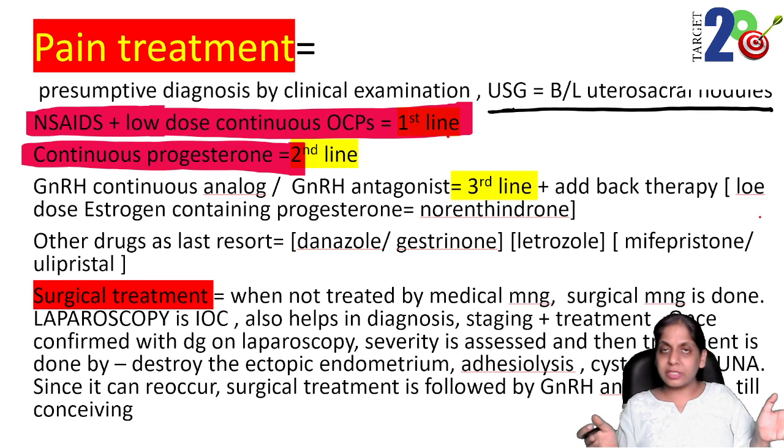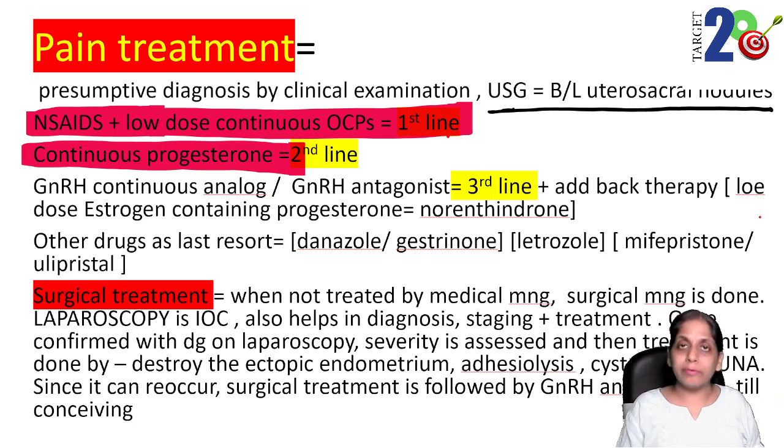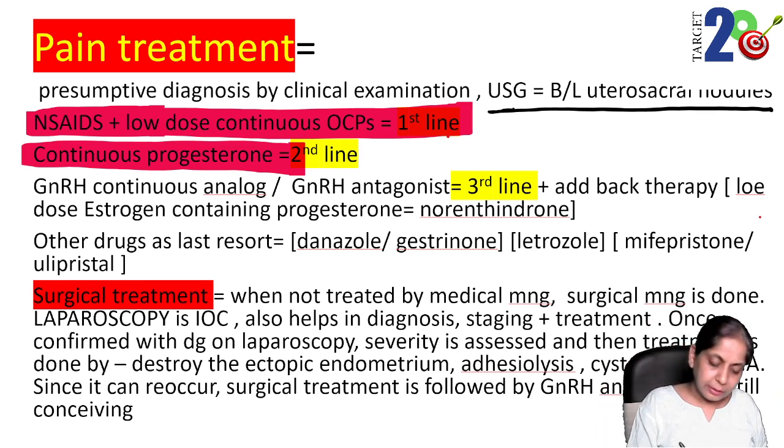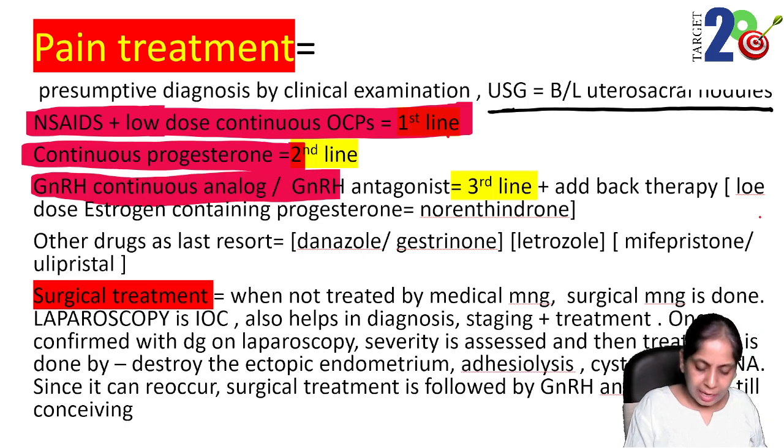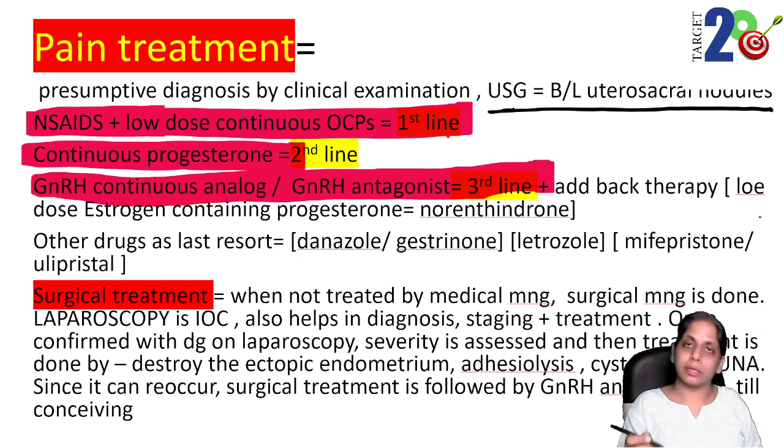And if the patient doesn't get okay with that also, then we will shut the HPO axis with GnRH continuous analog or GnRH antagonist. Because when we give the GnRH continuous analog and GnRH antagonist, no GnRH will be produced from the hypothalamus, no pituitary stimulation, and then no ovary stimulation will be there, right? And no estrogen production, so no proliferation, no endometrium shedding will be there.